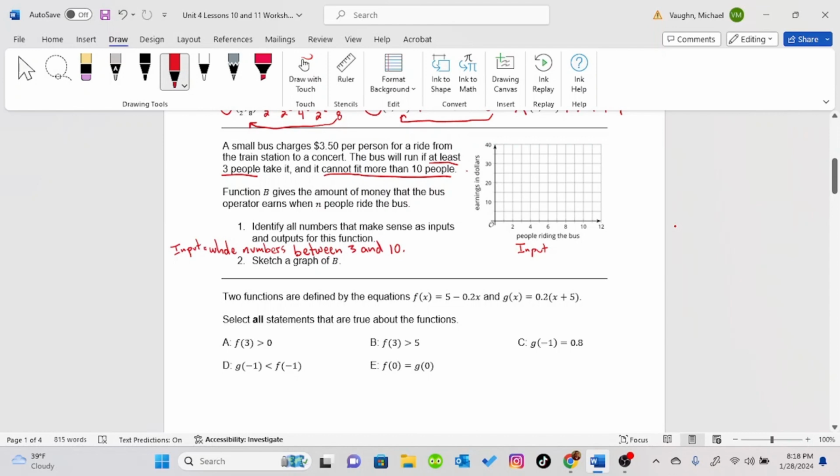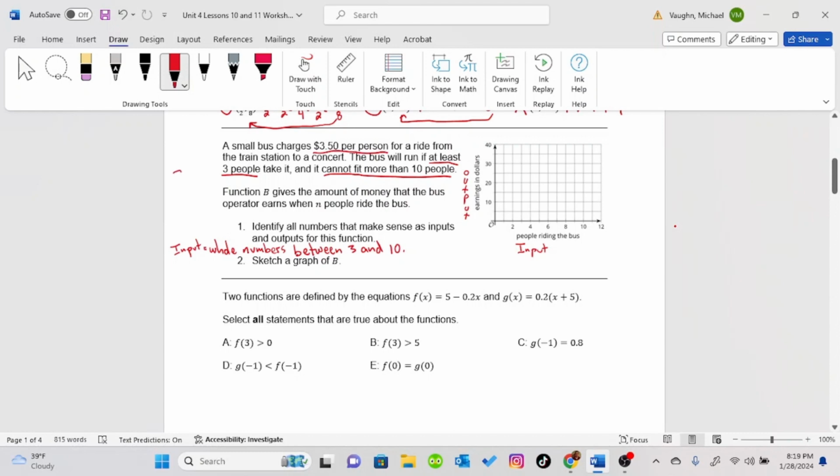You can see that the output is the earnings in dollars. And that's $3.50 per person.